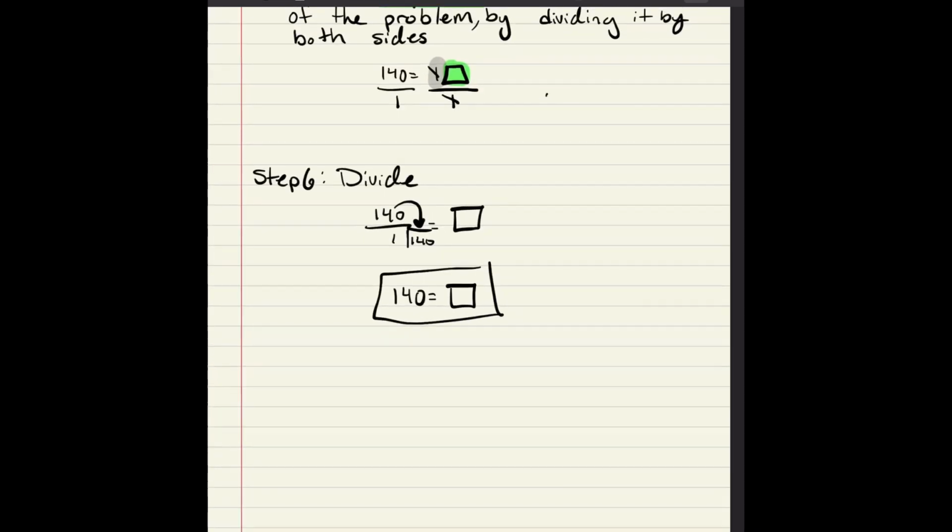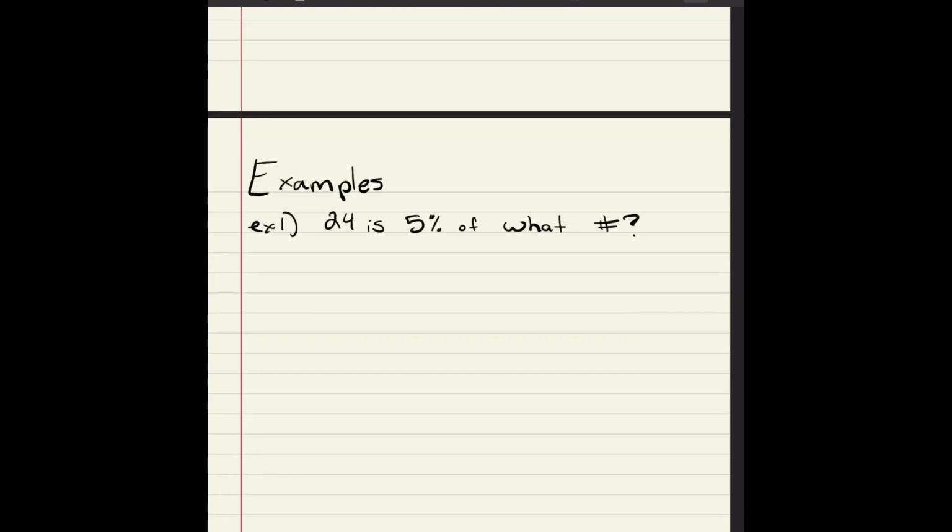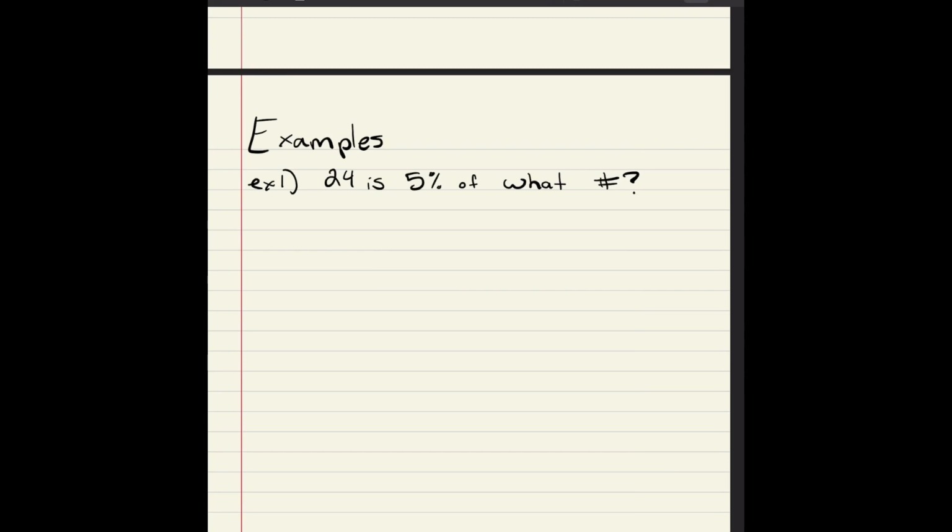All right, let's move on to some examples. All right, so for example 1, we have 24 is 5% of what number? So we need to start by writing our percent as a fraction. So it's part to whole, which is 5 per 100.